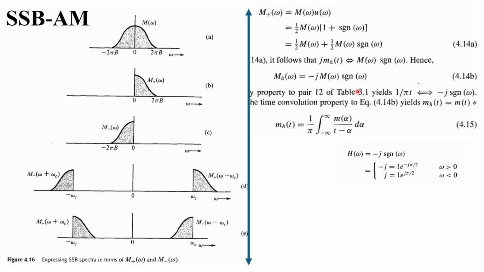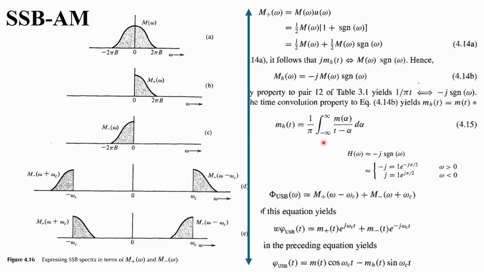So we are going to use this signum function, and this is your Hilbert transform, right? Hilbert transform is nothing but m(t) convolved with 1 by pi t. So if you multiply, you will get this Hilbert transform, right? So your USB signal will be M(omega minus omega c), this one, and this is your omega plus omega c. This is the negative term, this is your positive term, right. Now, how will it be achieved?